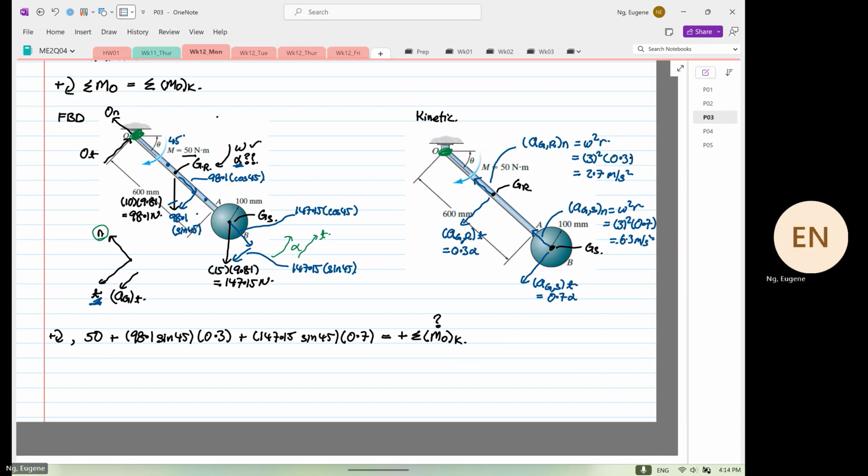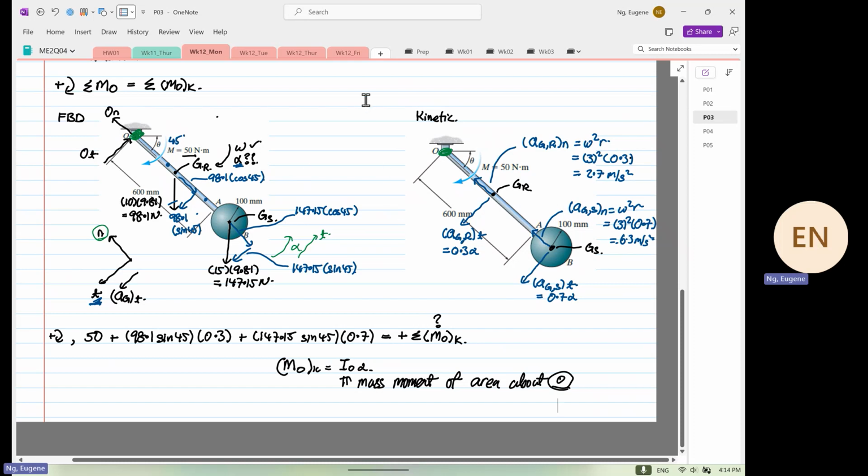In fact, if we look at the formula, the moment about point O is equal to I_O alpha. So we are going to find the mass moment of inertia about point O. It's not difficult. I'm serious.